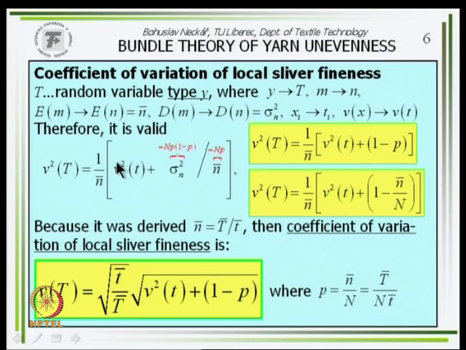What we obtain applying our result from the theory of probability is this equation. Because we derived sigma n square from the binomial distribution, and n bar, which is n times p, we obtain this, the same, for the square of the coefficient of variation of local sliver fineness.